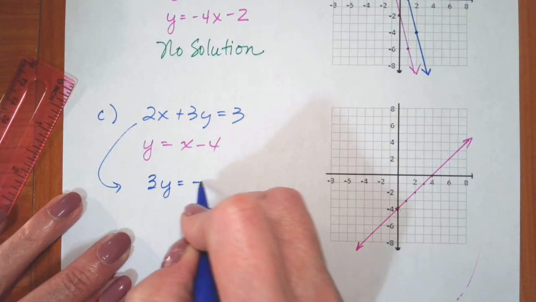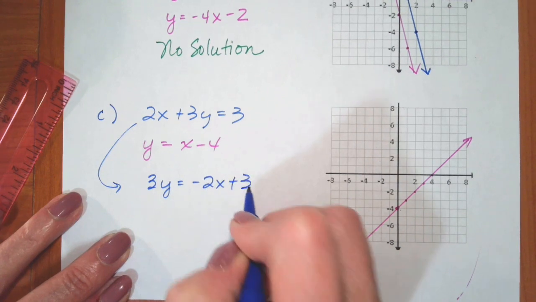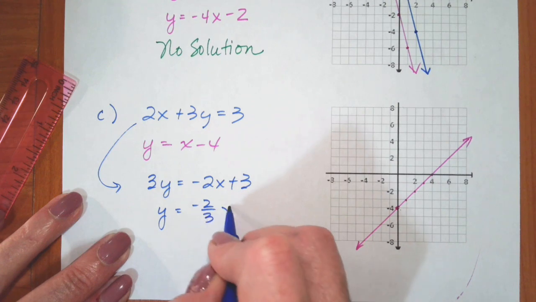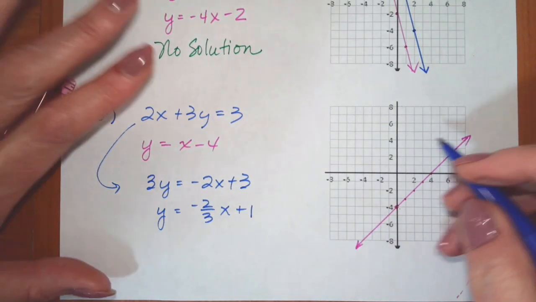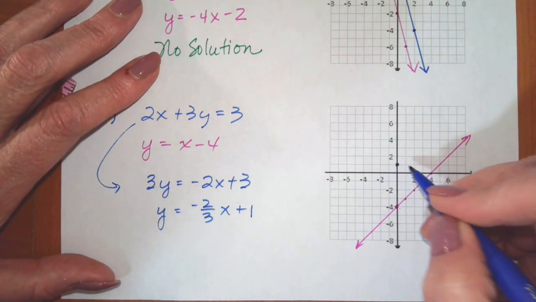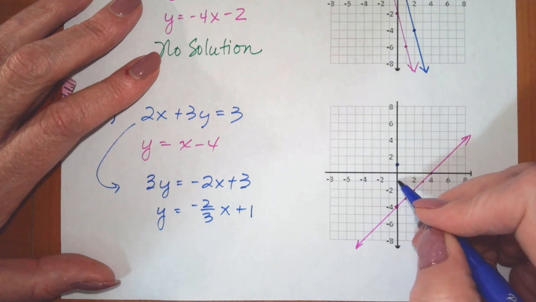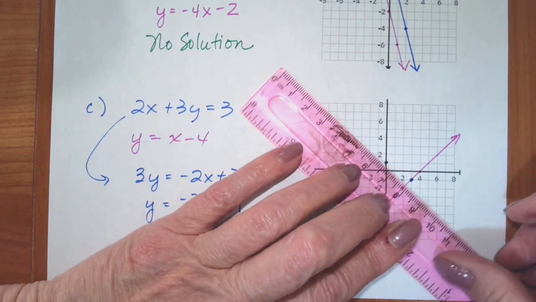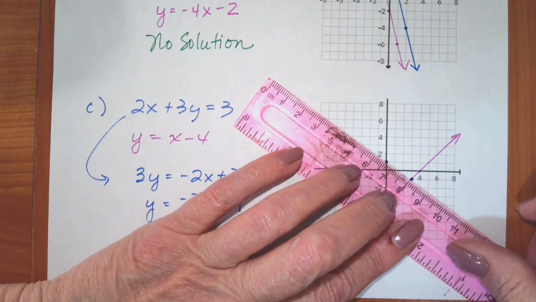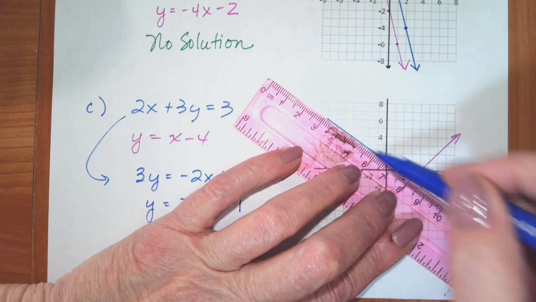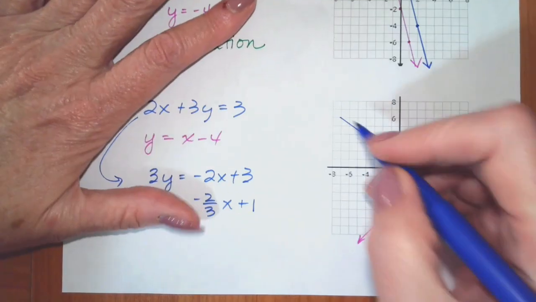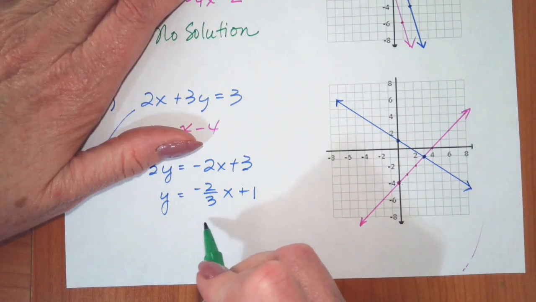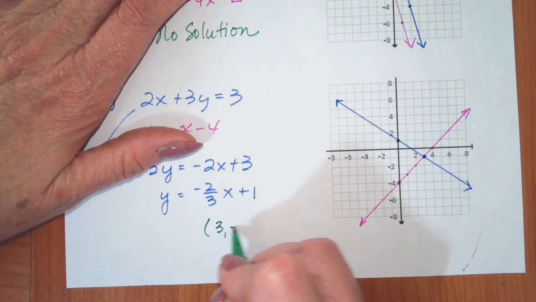That gives me 3y equals negative 2x plus 3. Divide by 3, and I get y is negative 2/3 x plus 1. So that means I start at 1, my y-intercept, my slope tells me to go down 2 and over 3. Oh, and look, I've already found it. Yay! So my solution is 3, negative 1.